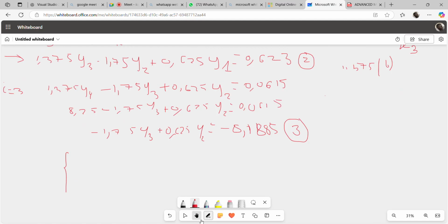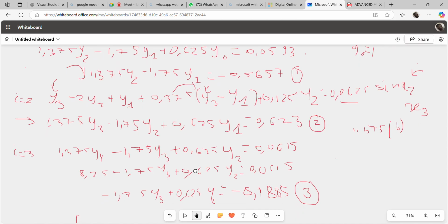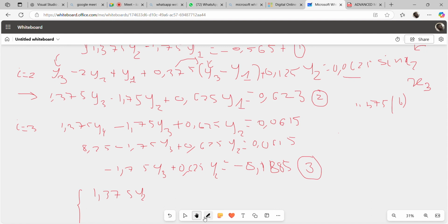I use the calculator if you have the Siva calculator. I recall my equation. The first one is 1,375 y2 minus 1,75 y1.